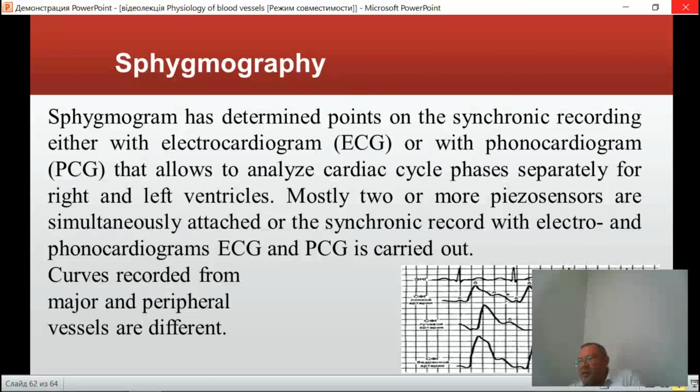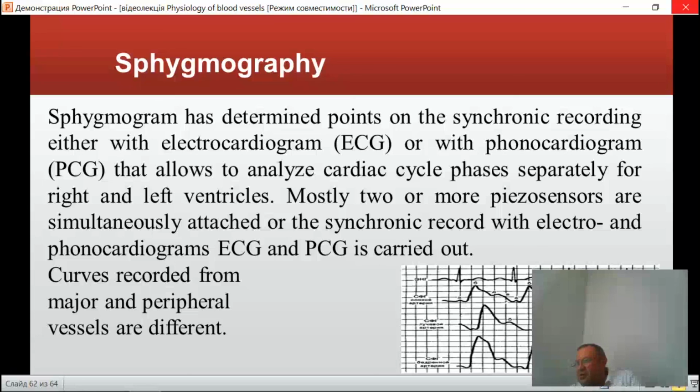The sphygmogram has determined points on the synchronic recording, either with an electrocardiogram or with a phonocardiogram, which allows analysis of cardiac cycle phases separately for the right and left ventricles.